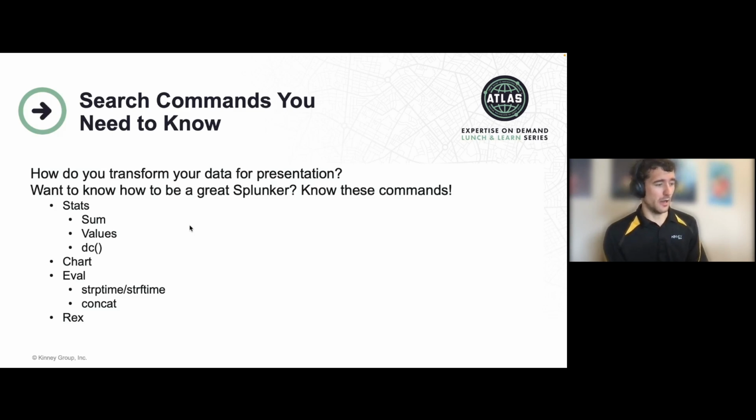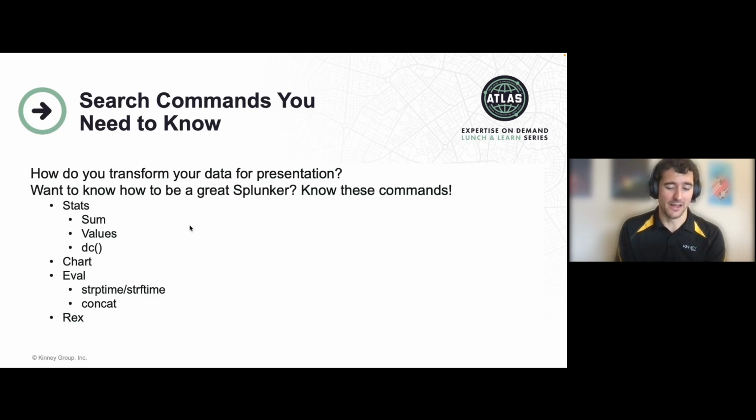Eval command. A large part of Splunk is timestamps. Let's be real. Underscore time holds the timestamp related to an event. And if you want to present that in the table, you don't want to be messing with epoch time, which is how many seconds from 1970. So strptime and strftime commands, pivotal.